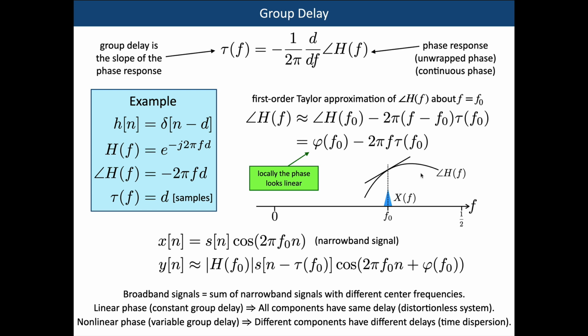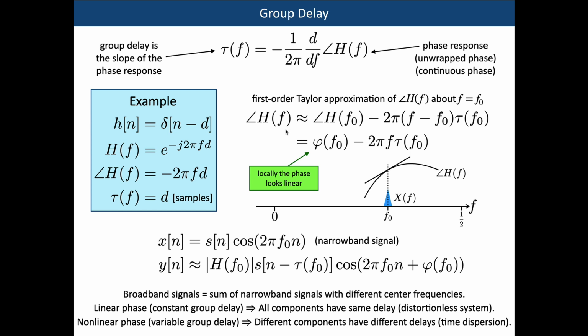Well, let's suppose that our system that we're going to put this narrowband signal into has a phase response given by this curve. And let's take a first-order Taylor approximation of that phase response about this frequency.